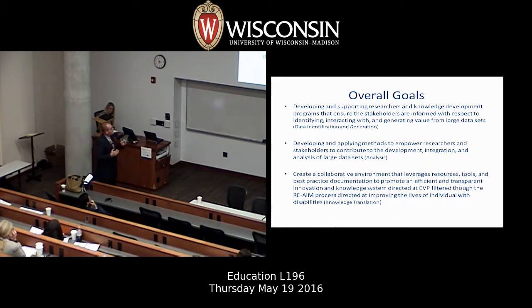Developing methods that empower researchers and stakeholders to work together, okay? And creating an environment that is directed at this. So getting funding and advocating for funding and advocating for the allocation of resources to develop these types of things.